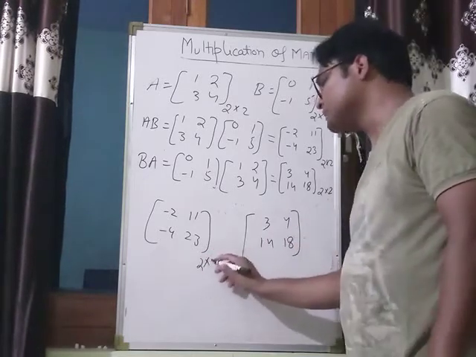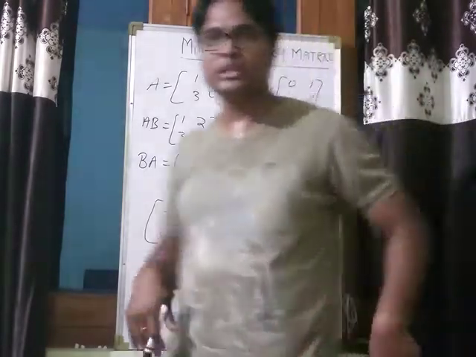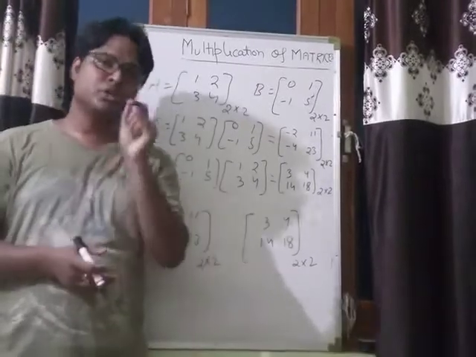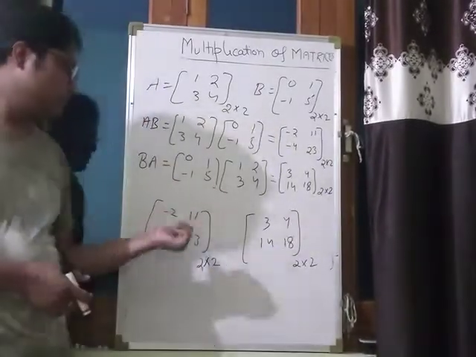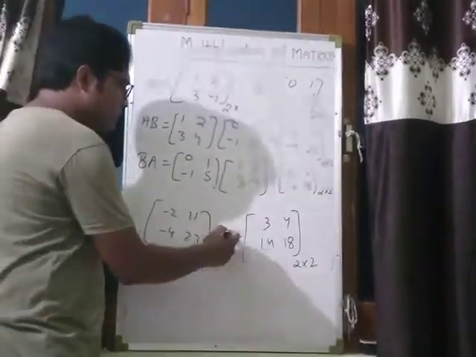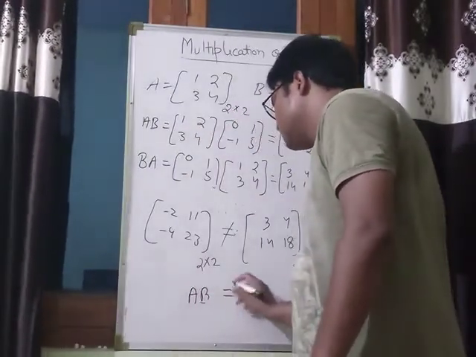Both are of the same order. First condition of equality is satisfied here. But the second condition for equality: their corresponding entries must be the same. Are corresponding entries the same here? No. Clearly AB is not equal to BA.